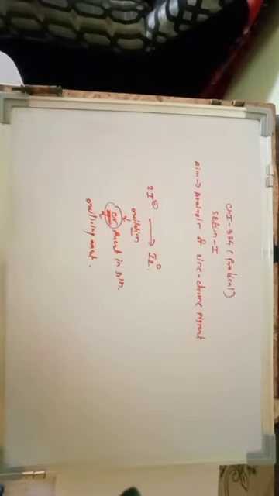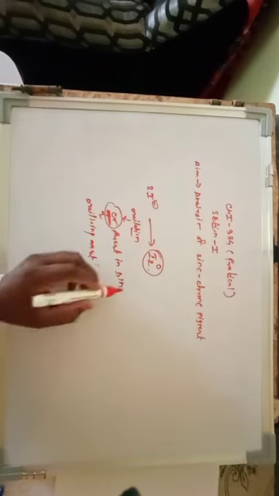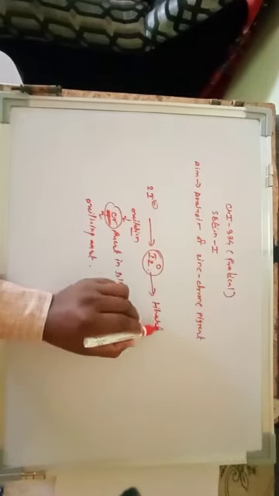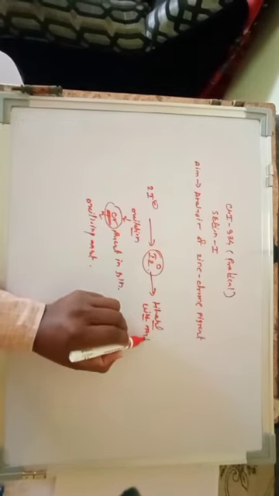This chromium will oxidize the iodide into iodine and get reduced, and the liberated iodine is titrated with Na2S2O3 solution.